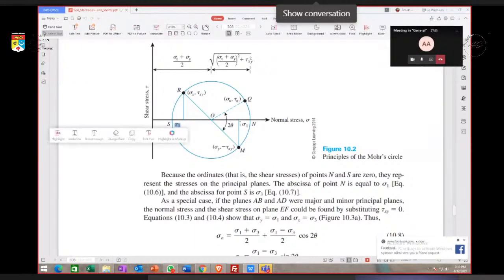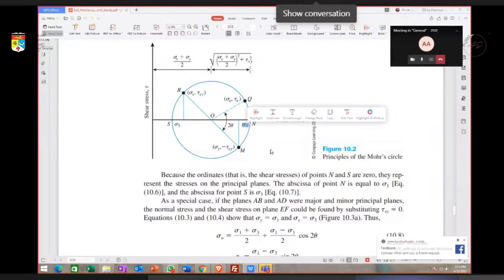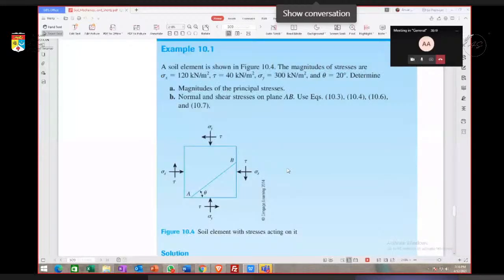So there are several methods that we can use to calculate sigma 1 and sigma 3. One by using the equation, and second by using the pole method. So for example, in this one, we need to calculate the principal stress for a given soil element under normal and shear stresses.